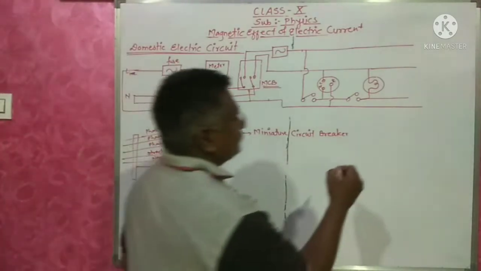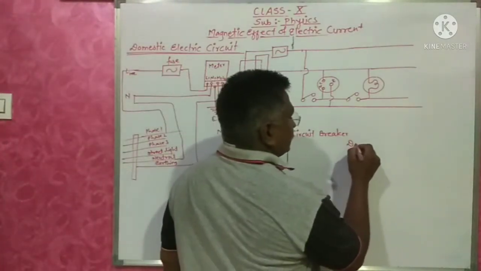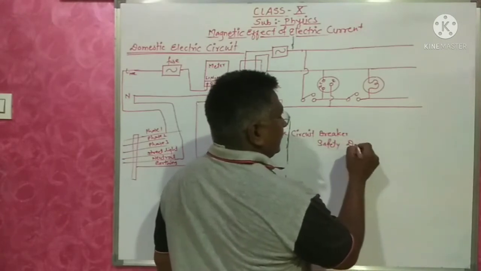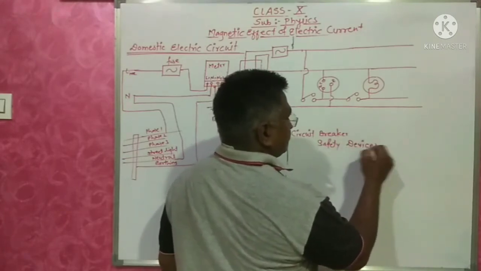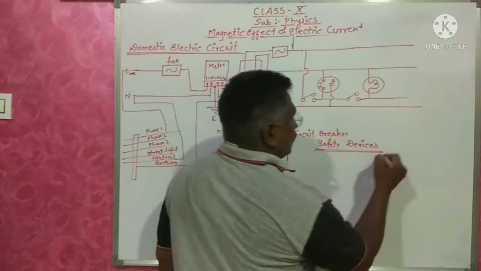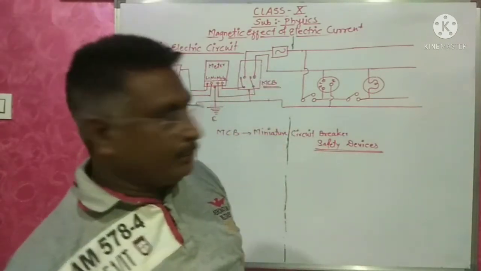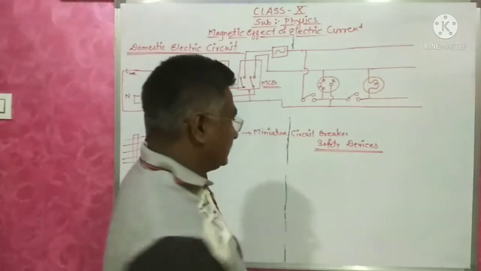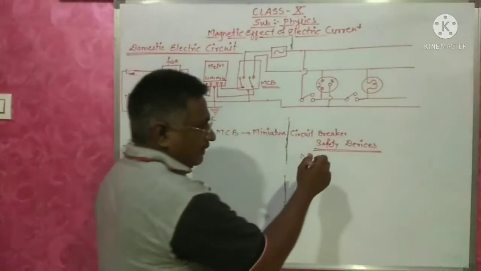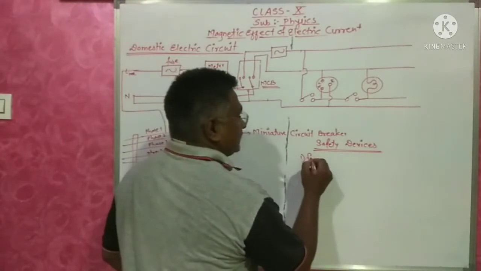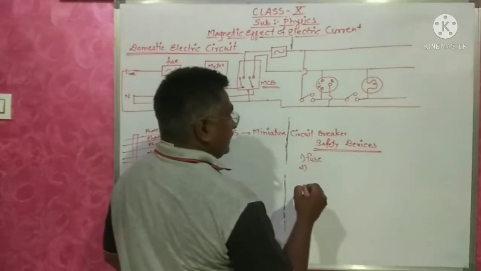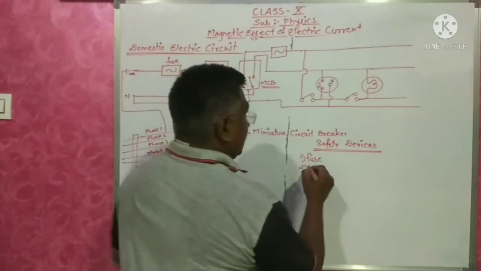So these are the safety devices. What is this? Safety devices. To protect our home and to protect ourselves, we are using safety devices. Which are the safety devices? First, fuse. Second, earthing.